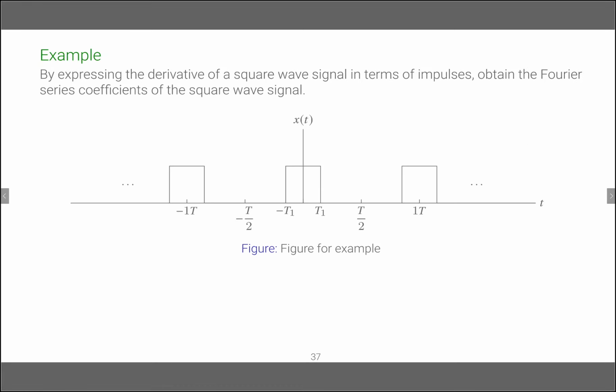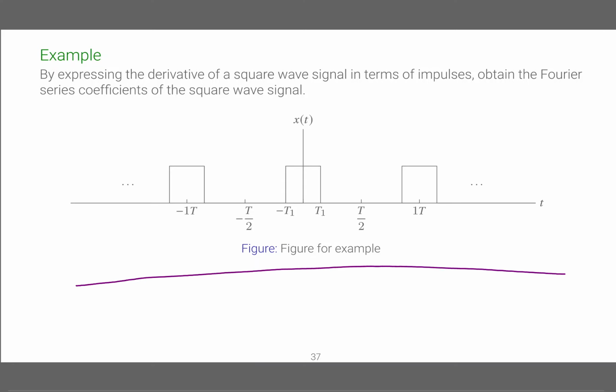Okay, so now let's take one more example. By expressing the derivative of the square wave signal in terms of impulses, obtain the Fourier series coefficients of the square wave signal, which we have done analytically. Now let's use the Fourier series properties to do that.